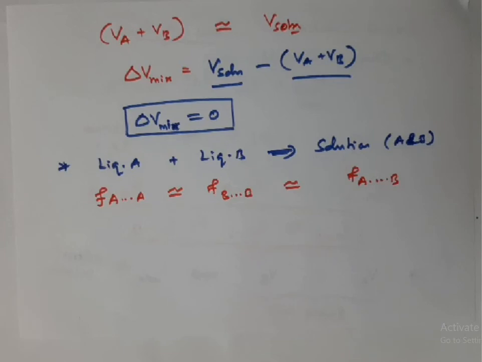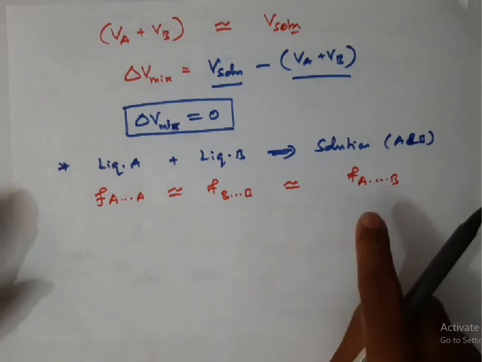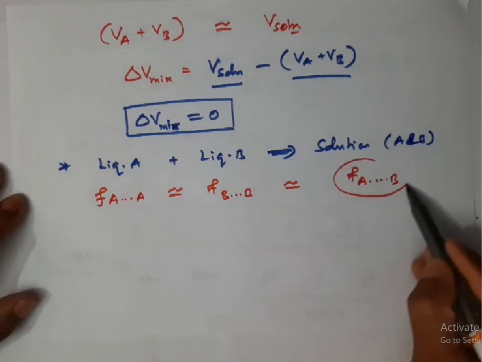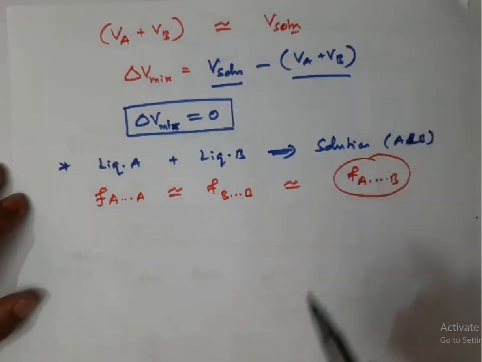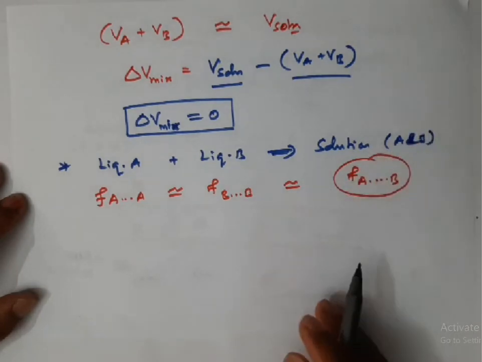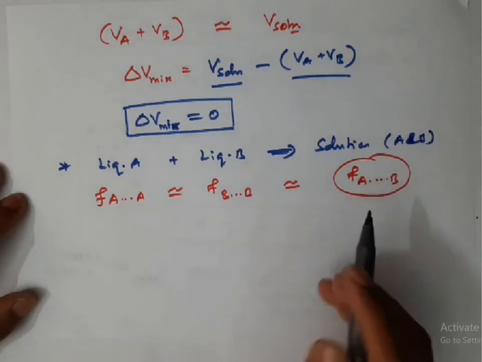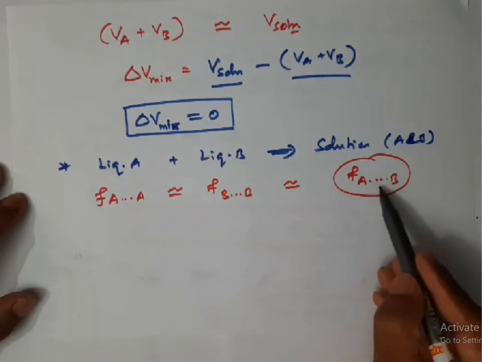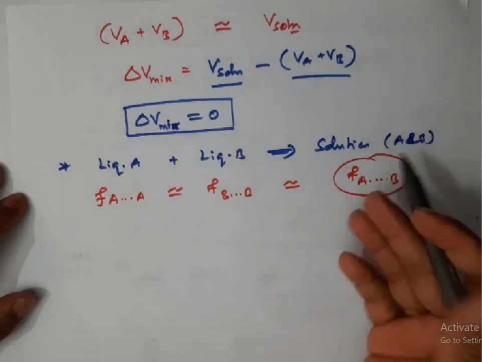Now listen carefully, students. Suppose the force of attraction between AB increases. What does it indicate? The AB attraction is stronger.